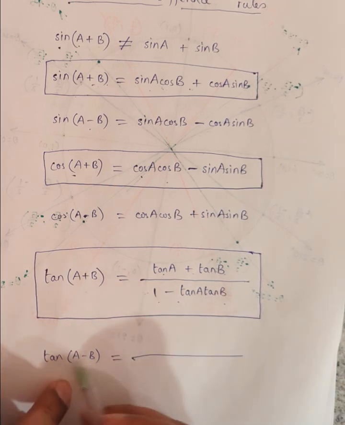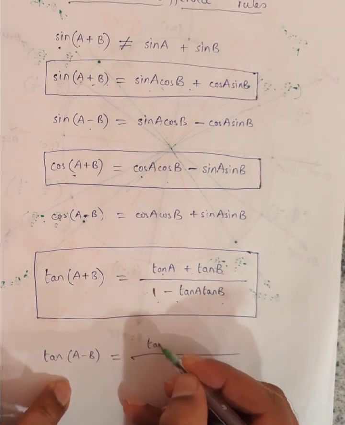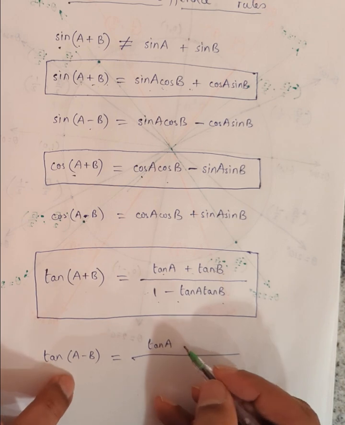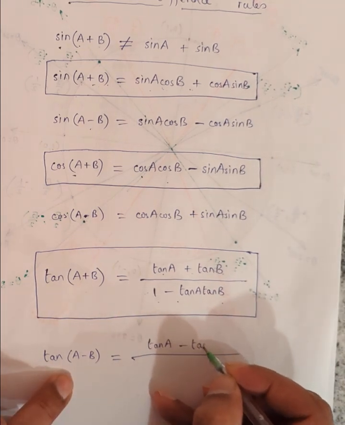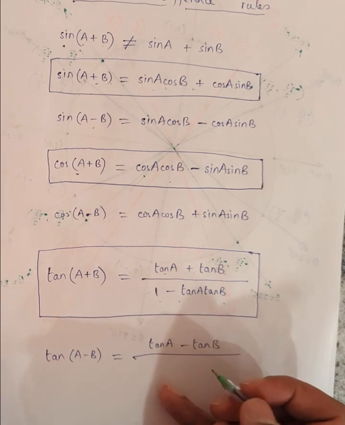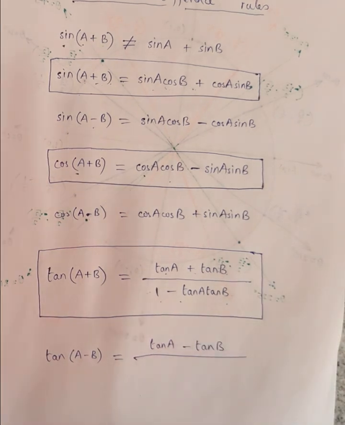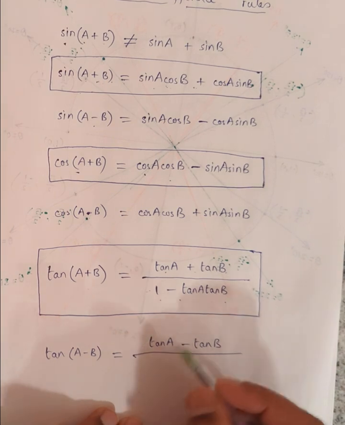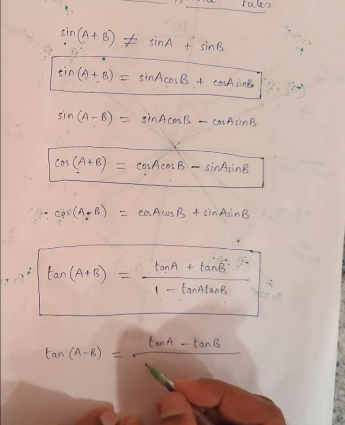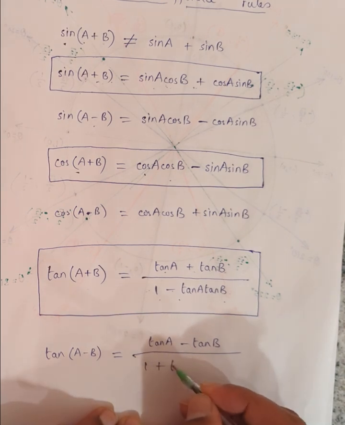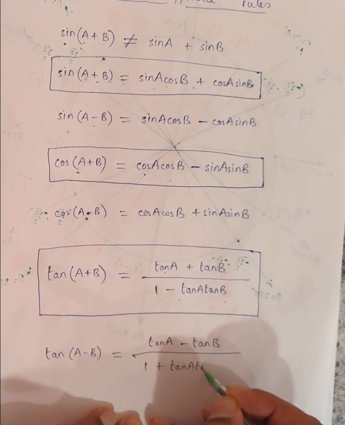So again, you can think of this as distribution. It looks like you're distributing tan in there. I mean, that's not exactly what you're doing, but just for the sake of remembering. So the plus changes to minus, and this minus in the denominator will change to plus. So 1 plus tan A tan B.